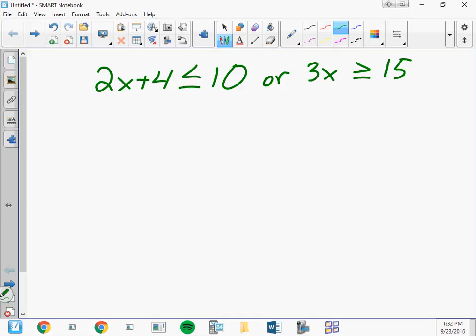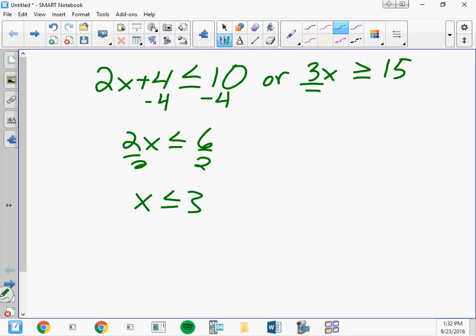So either 2x plus 4 is less than or equal to 10, or 3x is greater than or equal to 15. You just solve each one separately. So I would subtract 4, 2x less than or equal to 6, divide by 2, x is less than or equal to 3, or divide by 3, x is greater than or equal to 5.